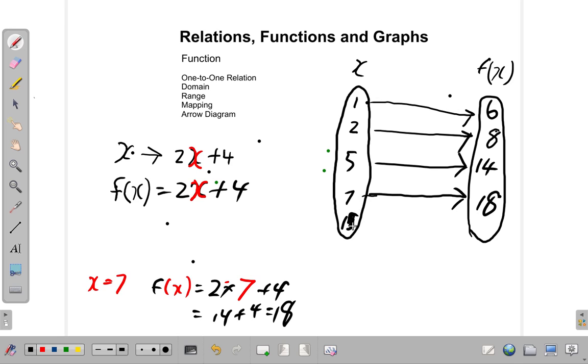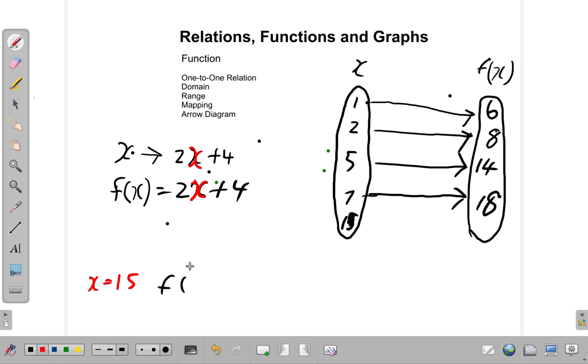Remember, this was 15. Let me write it properly. Now, when x is equal to 15, then f of x is equal to 2 times 15 plus 4. 2 times 15 is 30. 30 plus 4 is 34.